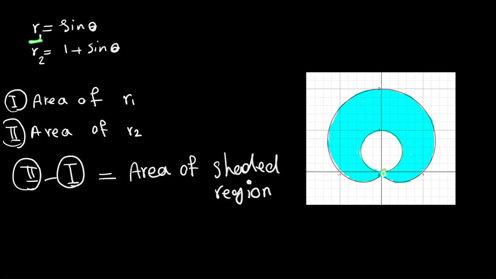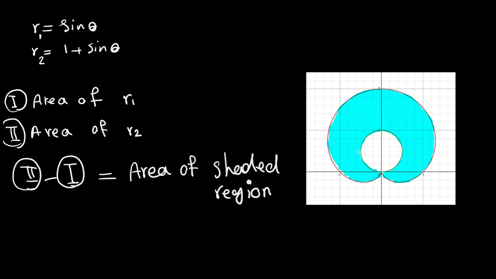R for the circle at theta equals 0 is 0, and for the cardioid is 1. When theta is increasing, you see all the time the radius of 1 plus sine, which is the cardioid, is larger than the r from sine of theta, the circle.